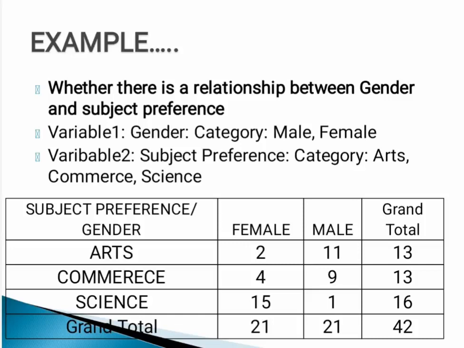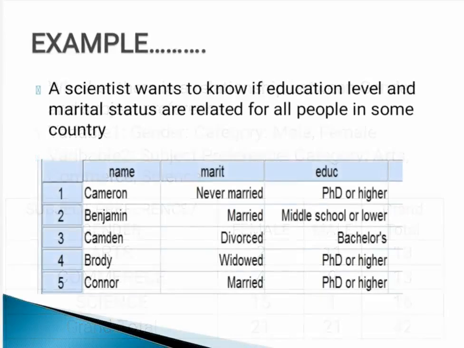Usually we know that women and girls select arts and other types of courses as compared to boys who select engineering, and such. So we can study whether the relationship between gender and subject preference is related or not related.